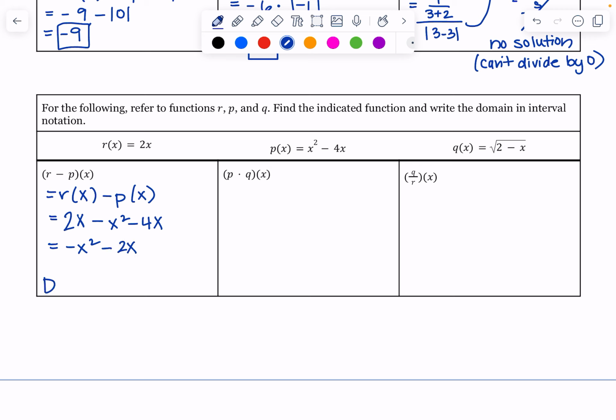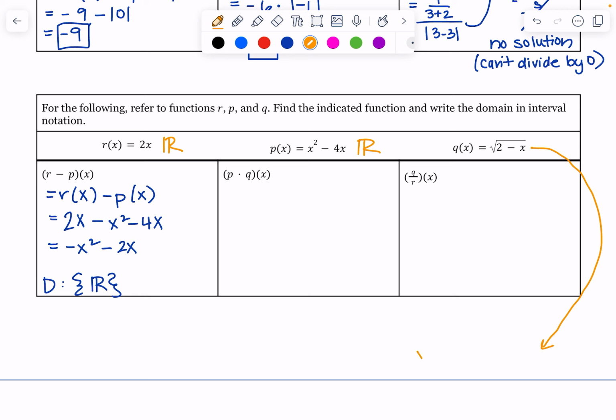Okay, and the domain for this one is going to be all real numbers because, well, I guess let's go up here. The domain for r would just be all real numbers because it's a linear function. The domain for p of x would also be all real numbers because it's a quadratic function. q of x is a little different, so let me take this one down here before we start.